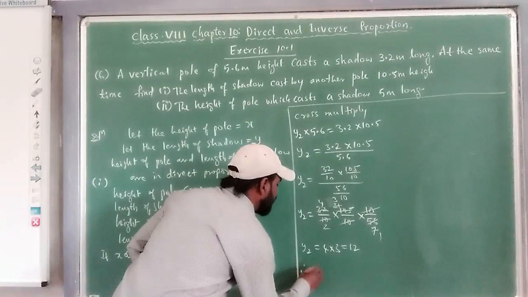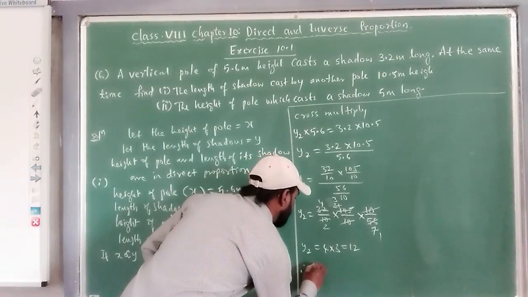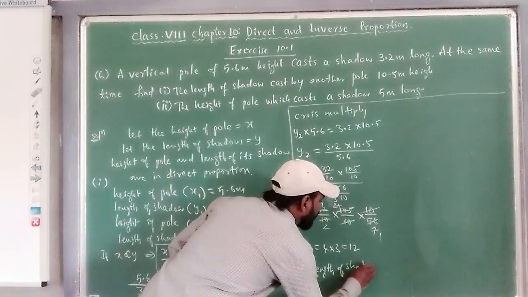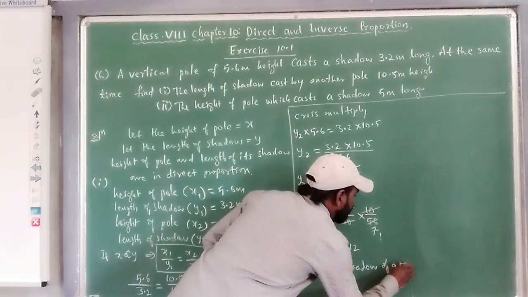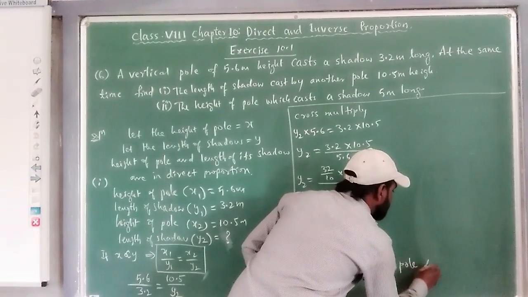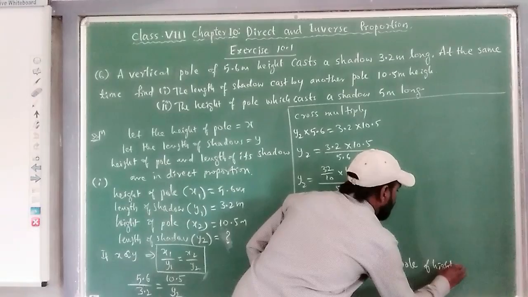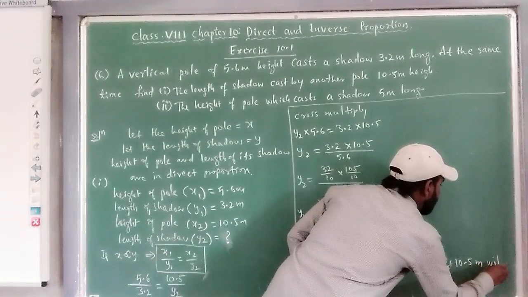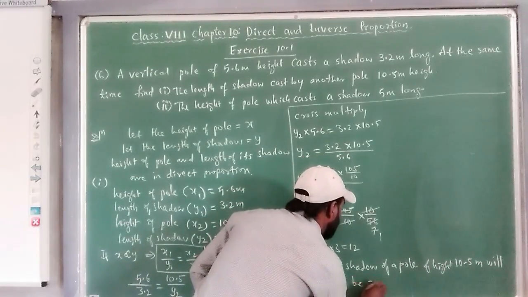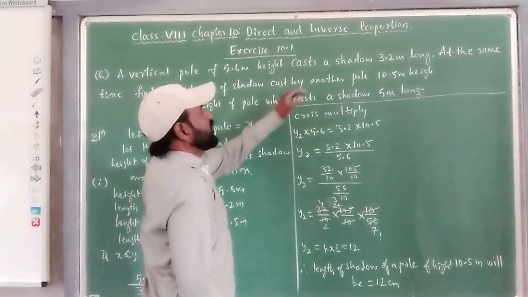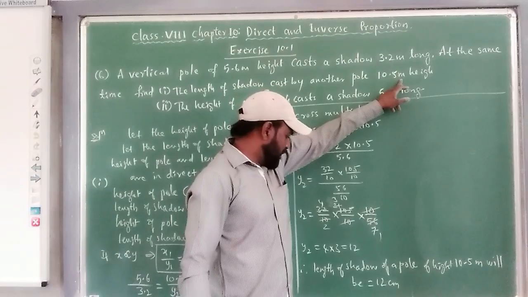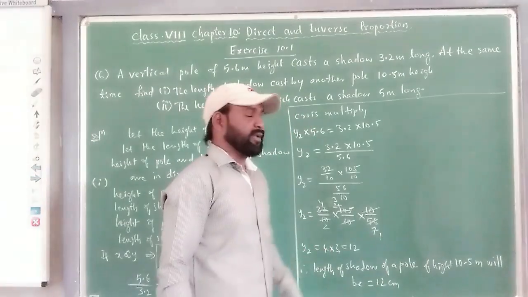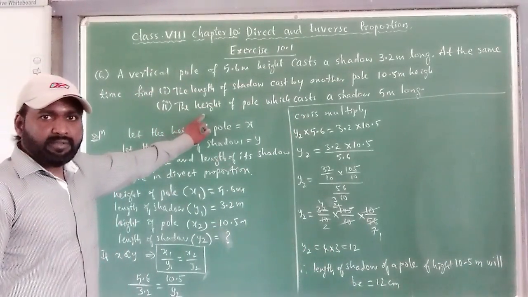Therefore, the length of the shadow of a pole of height 10.5 meters will be equal to 12 meters at the same time. Now again, we have to find the second question, one more part is there.